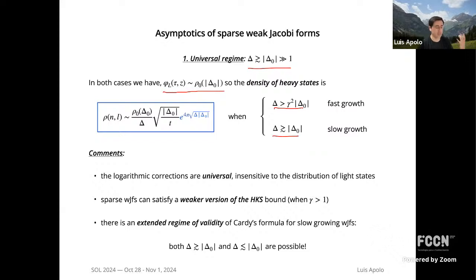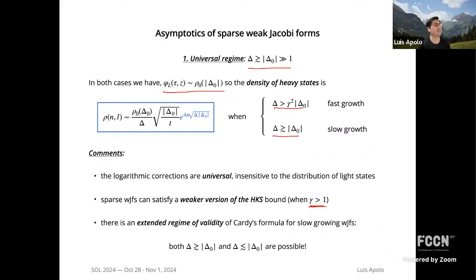Okay, so this regime, we called it a universal regime because the corrections are insensitive to the distribution of light states. They do not depend exactly on how the light states grow. It shows that sparse weak Jacobi forms can satisfy a weaker version of the HKS bound, which can be done when this value of gamma is greater than 1.